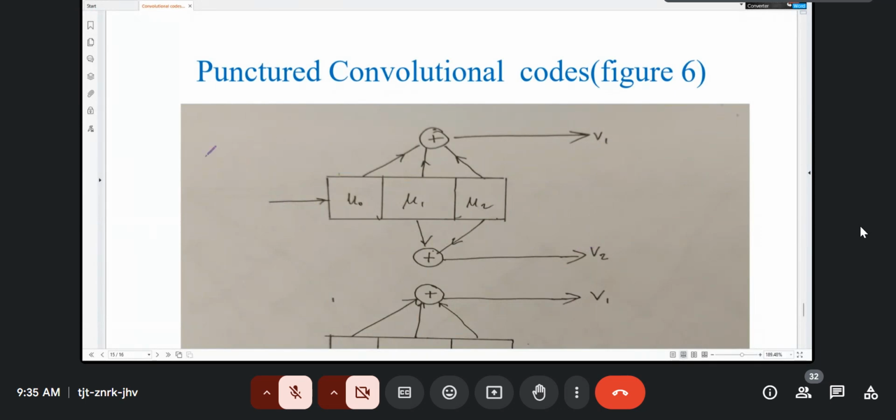So if you are having a string of bits, let's say 1 0 1 0 0 1, I'm assuming this one is entering first. It makes it easier to imagine this one entering first, but it doesn't matter.